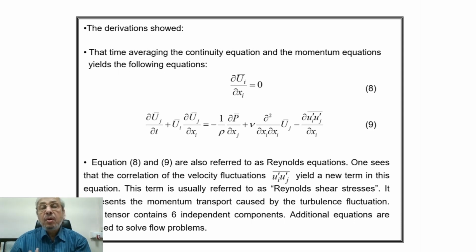So basically then again we will get 4 equations and 4 unknowns in terms of velocity and pressure.